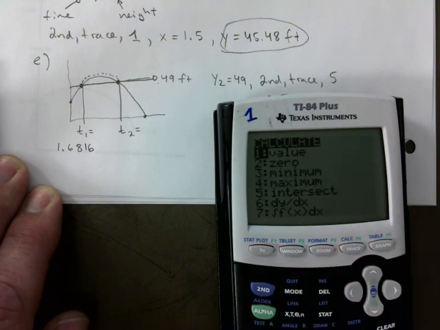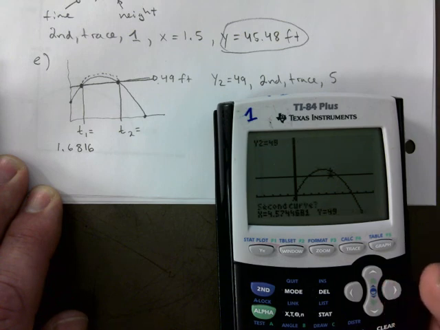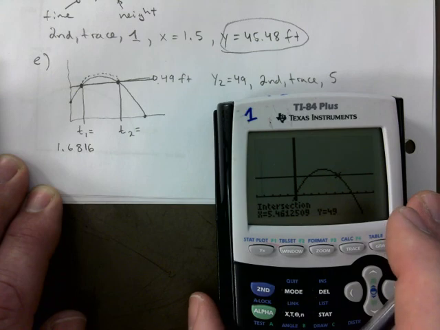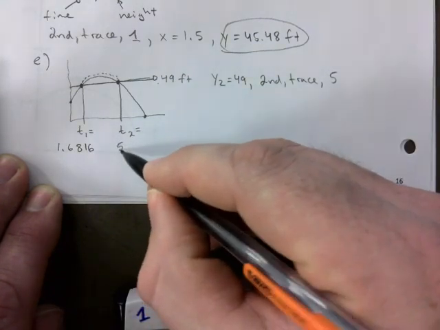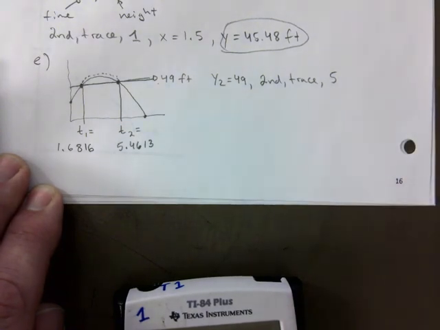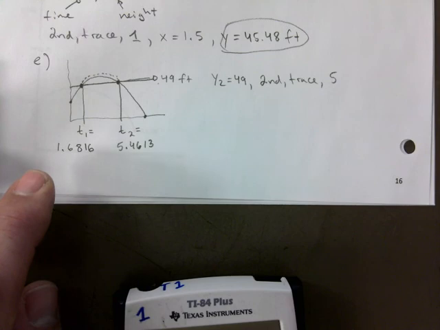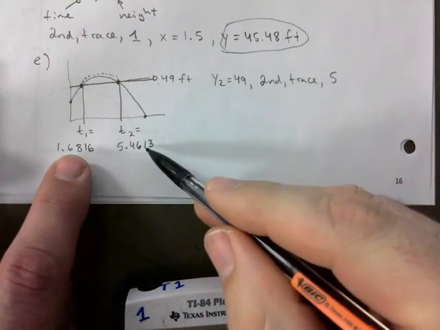Second trace 5. I'm going to go over the hill to the other side. Enter, enter, enter. 5.4613. Rounded to 4 decimals, right? If you do this, you would get 1 mark already. You get 1 out of 2 for finding these two.